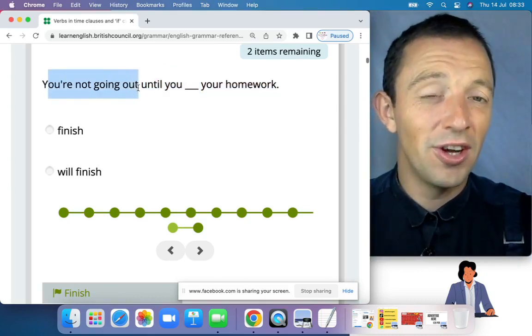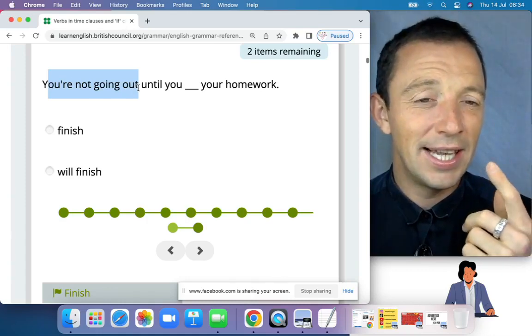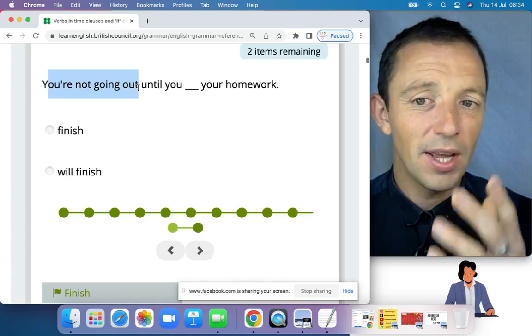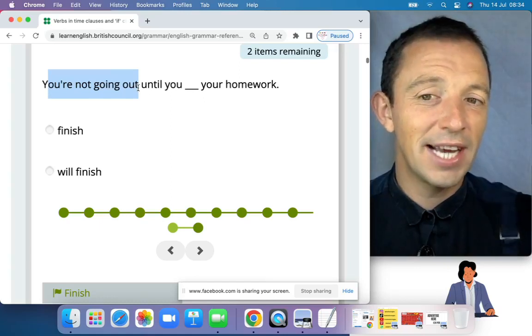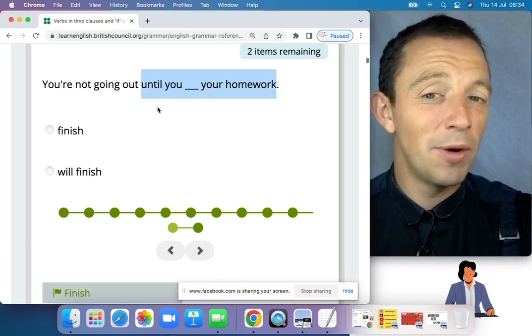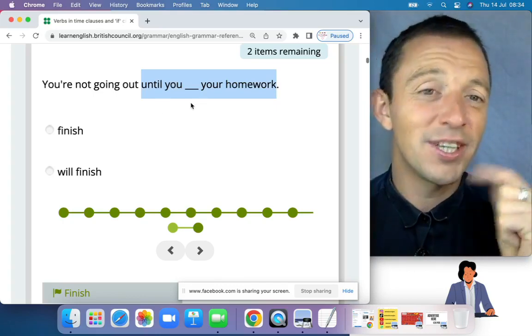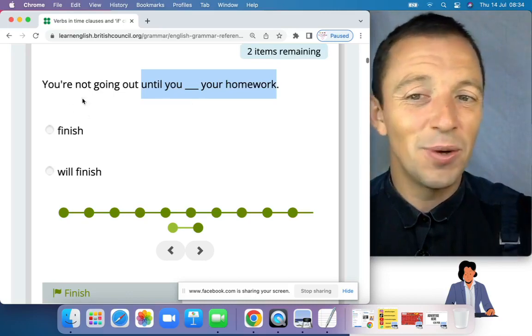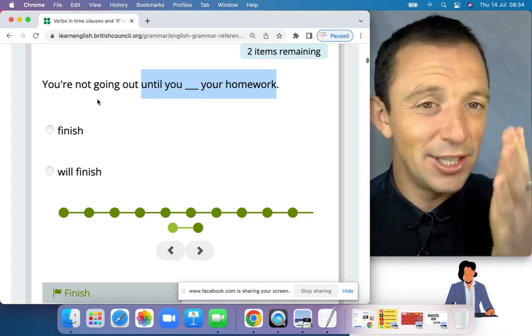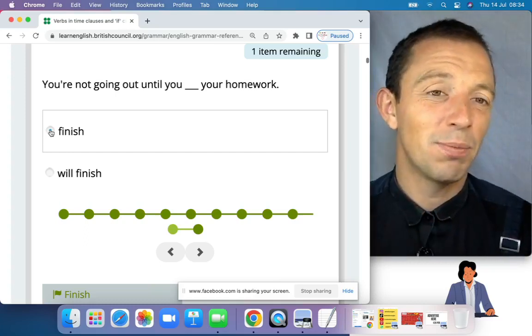Therefore, the first clause is in the future, in the negative. But the second clause is the time clause. And the rule to remember, again, is that the time clause is typically in the present tense to express the future. So you are not going out in the future until you finish your homework, in the present tense, but expressing the future.